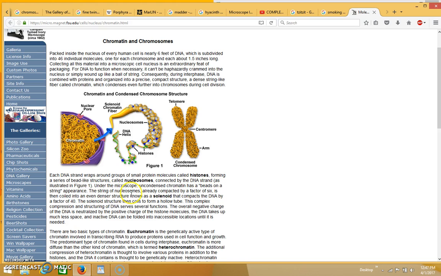The string of nucleosomes, already compacted by a factor of 6, is then coiled into an even denser structure known as a solenoid that compacts the DNA by a factor of 40. The solenoid structure then coils to form a hollow tube.